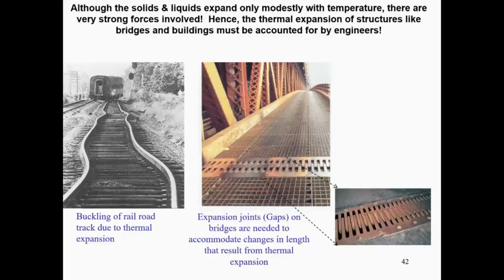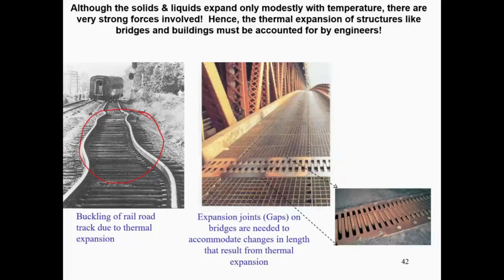Here are some examples. Thermal expansion of a solid will be only 1 or most probably 2%. But for a big structure, like big bridges and buildings, even 1% puts very big stress in the structure. If you don't consider this thermal expansion in your design, it may bring big structural damage. Here's an example of the buckling, bending of a railway track.